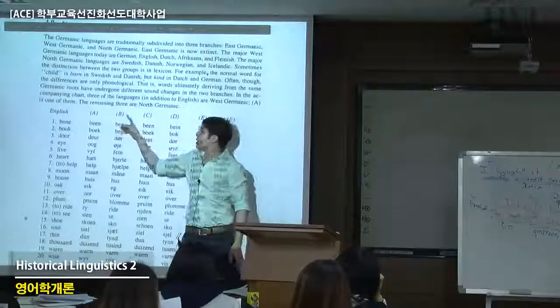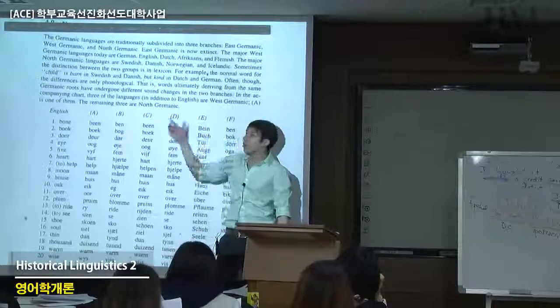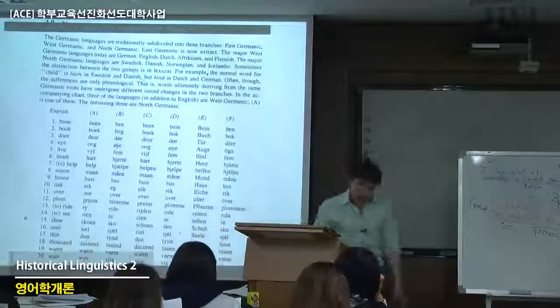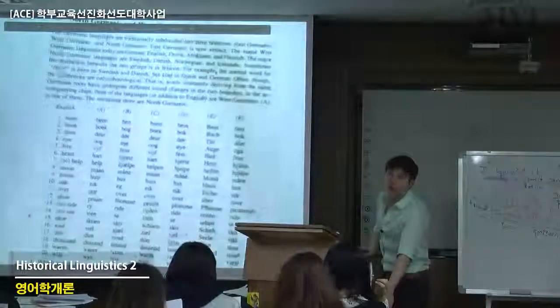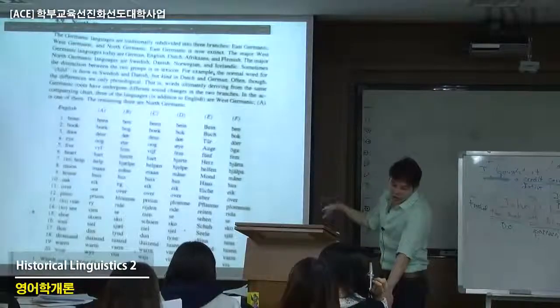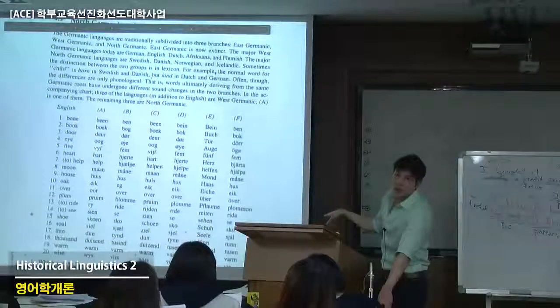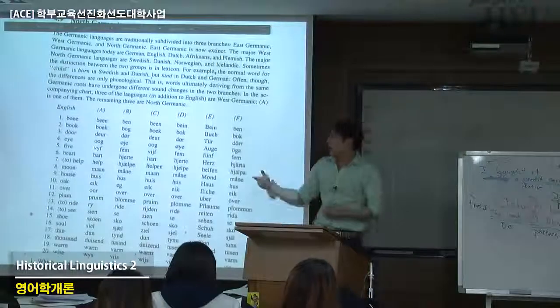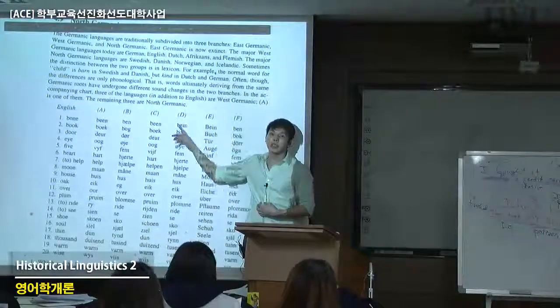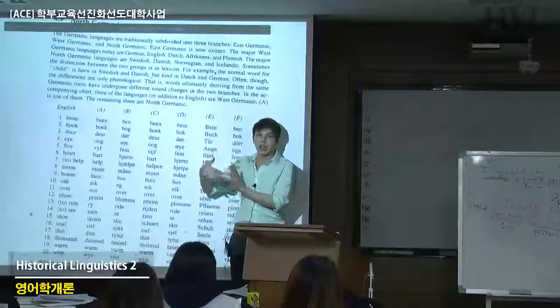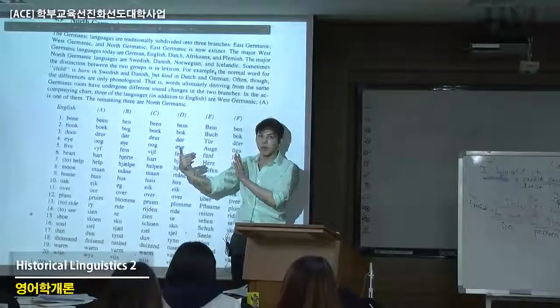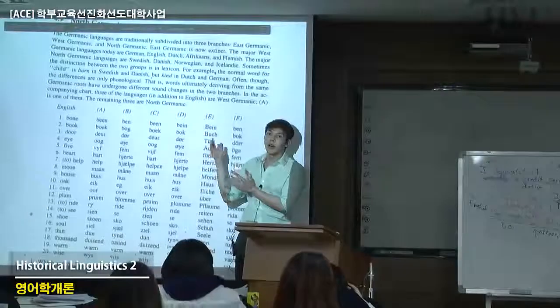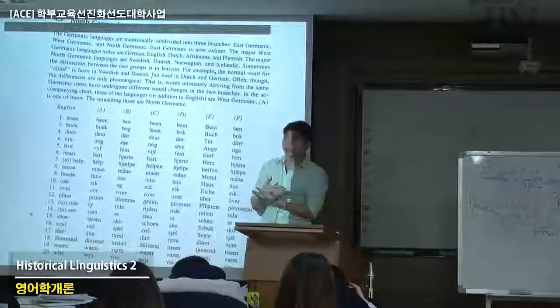So of these, you have 6. 3 of these are languages that are in the West Germanic branch, and the other 3 are in the North Germanic branch. Remember, English is in the West Germanic branch, right? So English and 3 other languages here are in the West Germanic branch, and the other 3 are in the North Germanic branch.